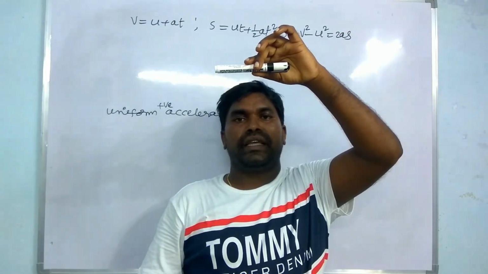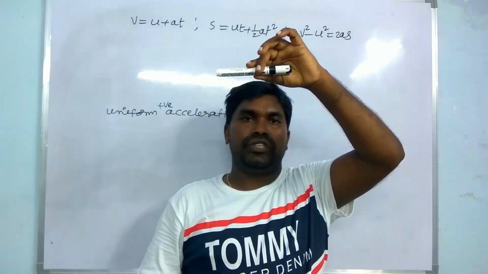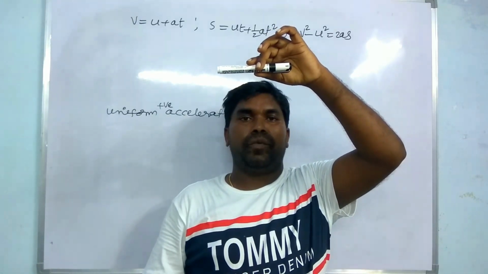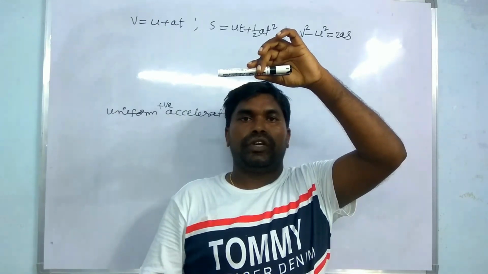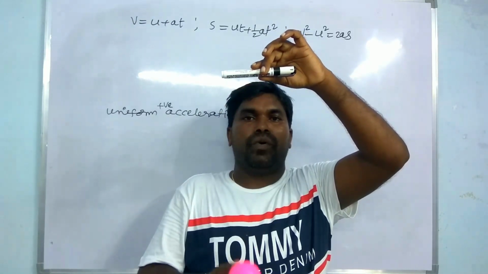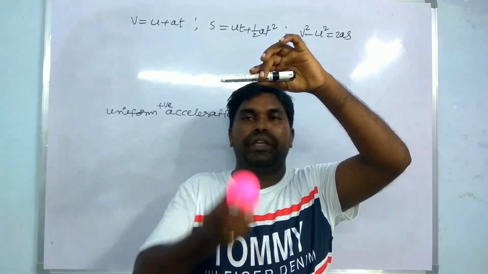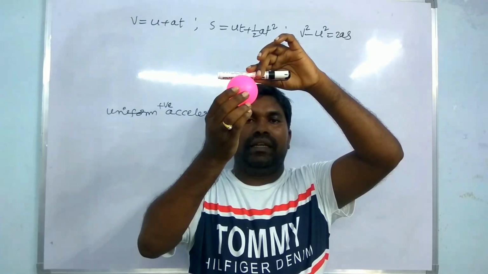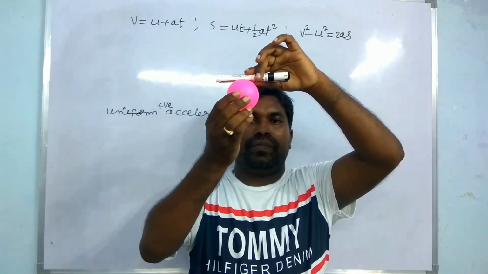It starts with initial velocity 0 and reaches the same point, that is the ground point. So in the upward direction, the velocity of the ball decreases, and then it becomes 0.